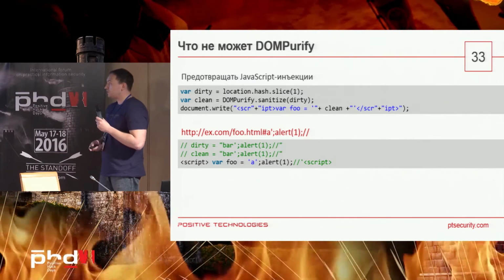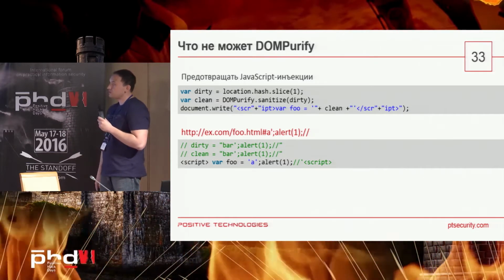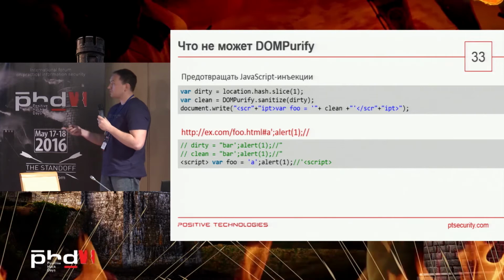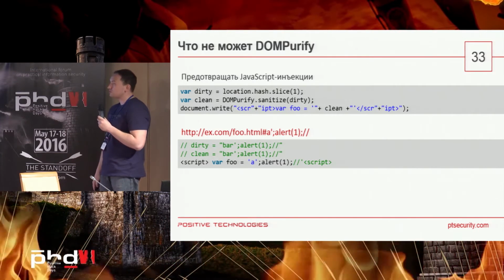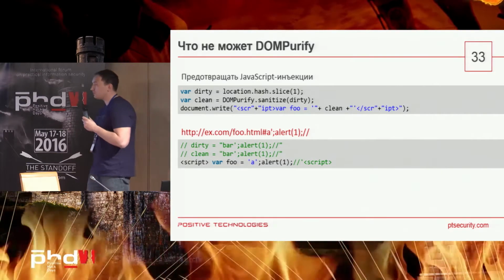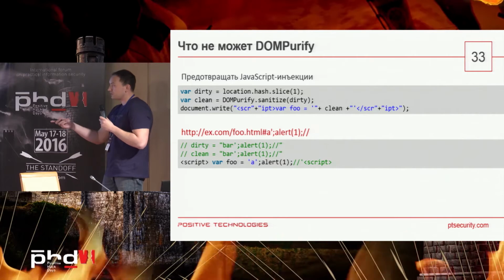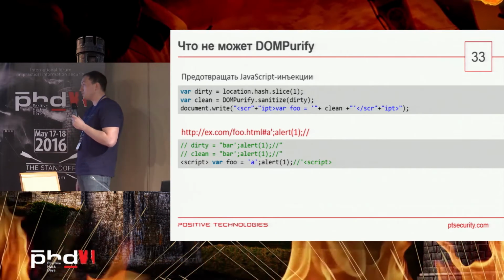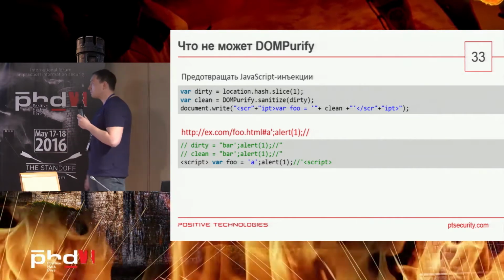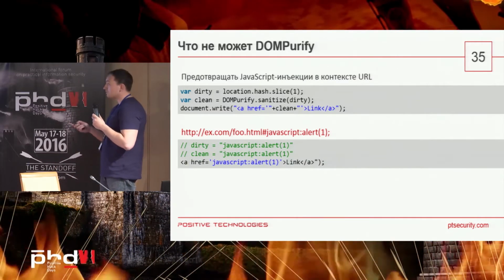Okay, here is an example of DOM Purify failure. Should we deal with a hypothetical application? There are data that come as a result of an injection. The data are inserted in the script context, and DOM Purify fails.